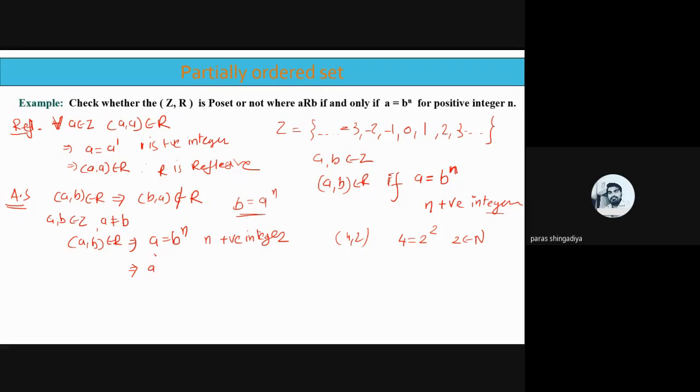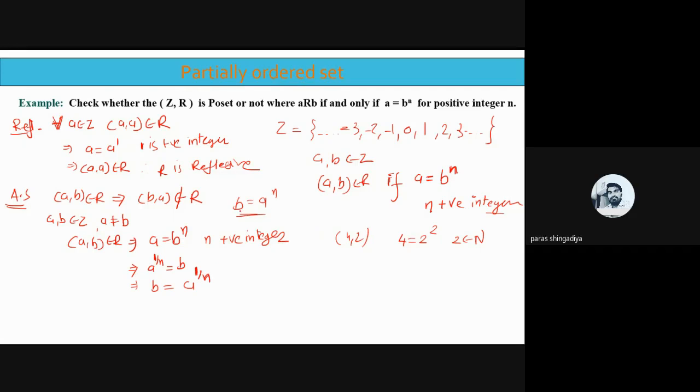So here we get a raised to 1 upon n, and when we apply 1 upon n here, n will be removed, because we get n into 1 upon n. So here we get only b. Let us write this as b is equal to a raised to 1 upon n.